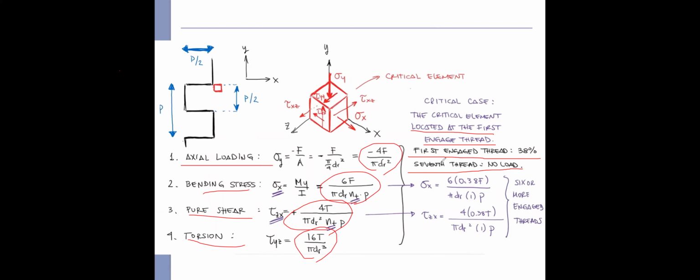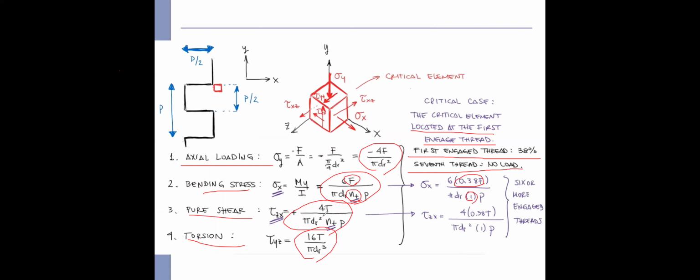Therefore, we can replace the force with 0.38 F and set Nt equals to 1. For example, we can replace this F with 0.38 F and Nt equals to 1.